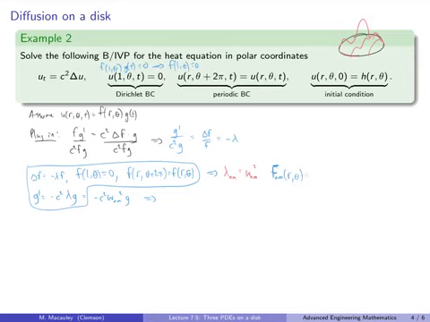This is a_nm cosine of n theta J_n of omega_nm r plus b_nm sine of n theta J_n of omega_nm r.